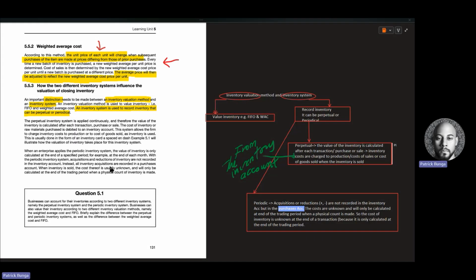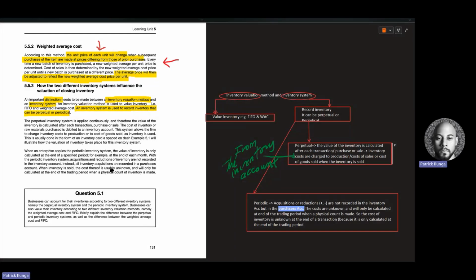So the perpetual and periodic inventory systems are about how you record the inventory. When we talk about an inventory system, it's more about how you record. And that's where the notes that I've provided can make it easy for you to break this down quickly and waste not much time on the reading part of it.